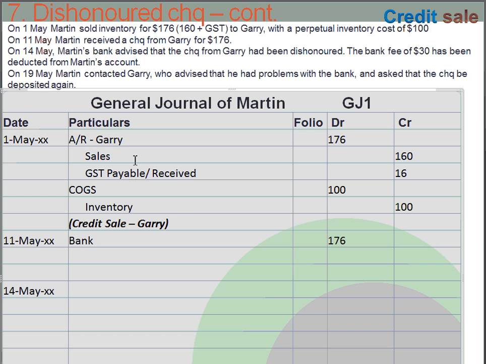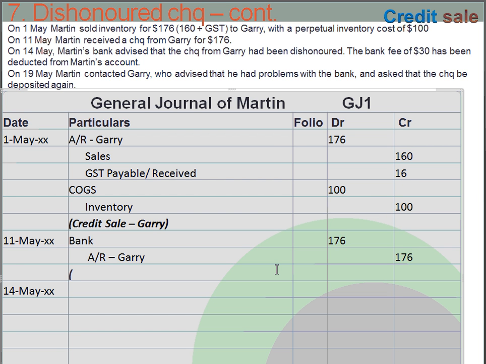Now Gary no longer owes money to Martin, so Martin must reduce an asset, accounts receivable Gary, by the full amount of $176. So accounts receivable for Gary is now 0 and the money sits safely in the bank account.